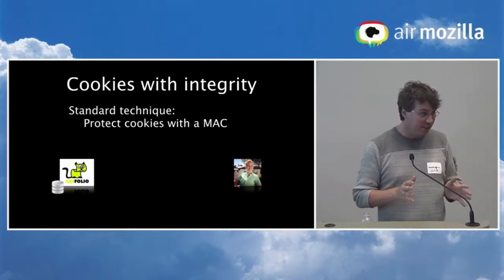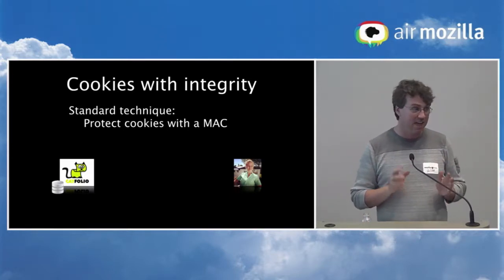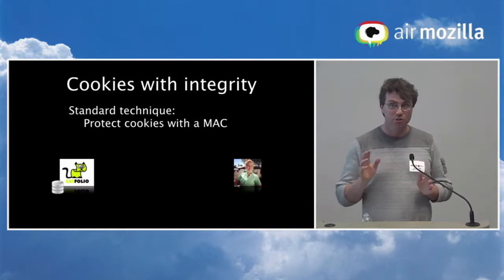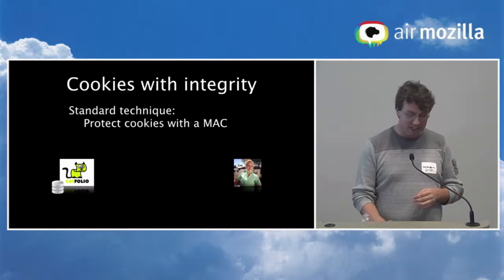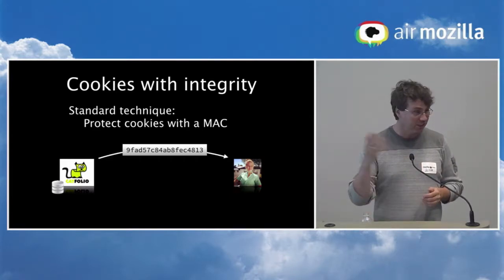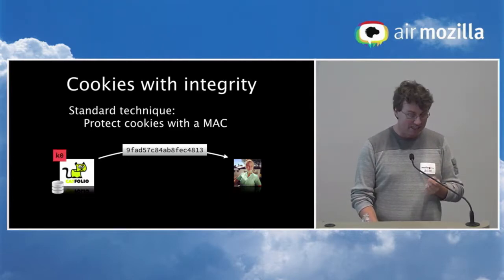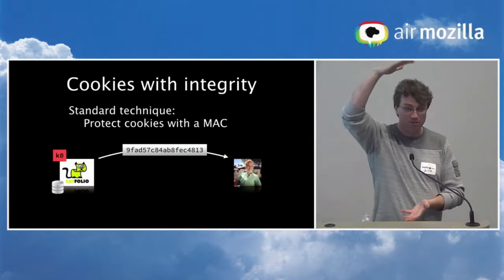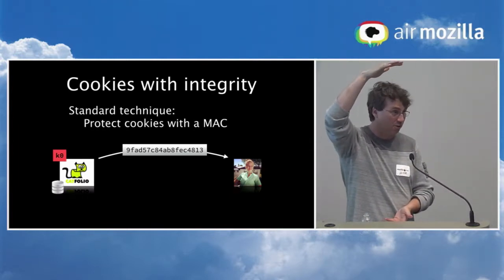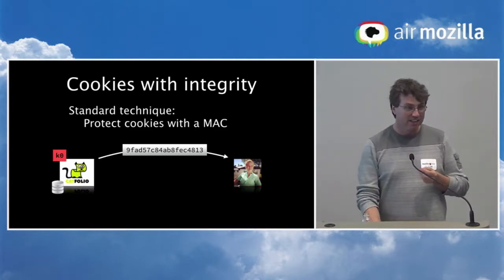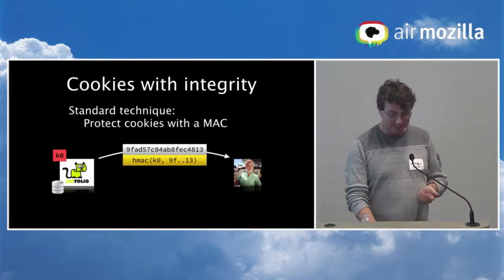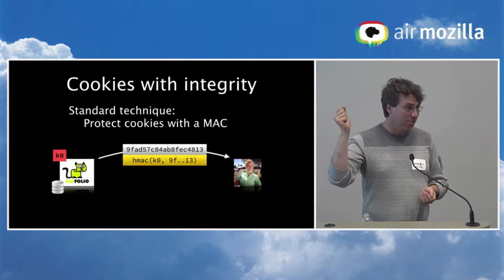So it's based on cookies, in particular cookies that have integrity. Usually when we mint cookies, it's really just a random number. But this has the problem that if we want to serve out something under that random number, we have to have a database of all the random numbers we issued and recognize them. So it's easier to avoid having the database and just have one key that we remember at our service.